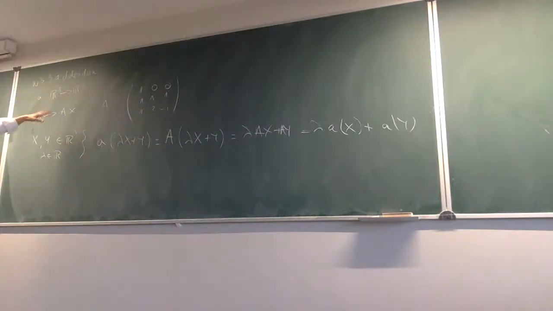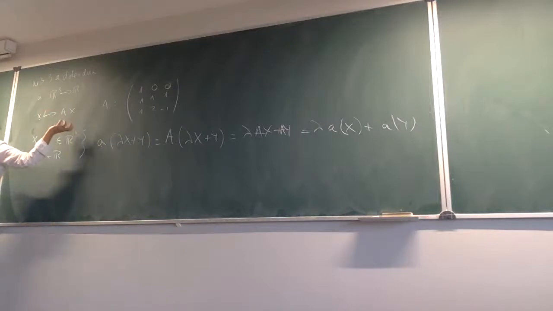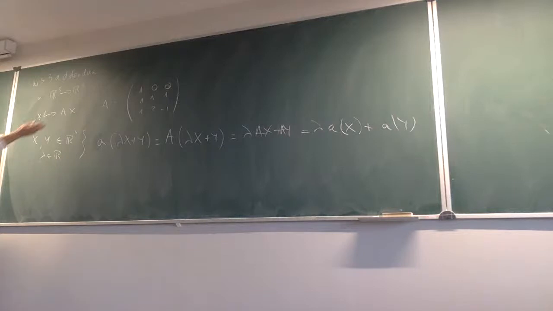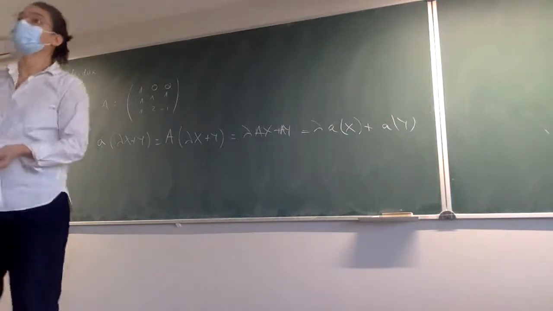If you have matrix multiplication that defines your linear map, you know it's linear. So every time you have a matrix, you know it's linear, if the map is take a vector and multiply it by the matrix.